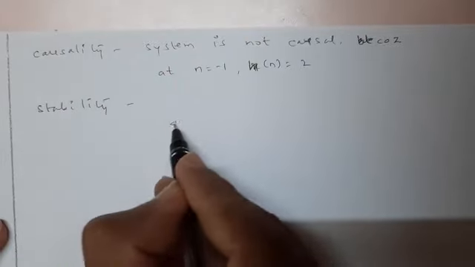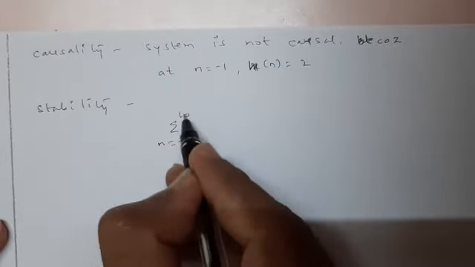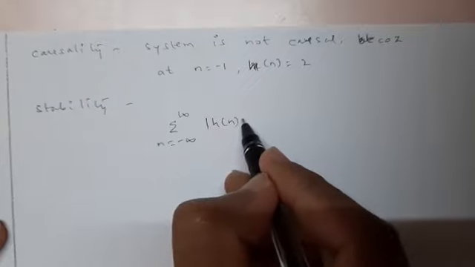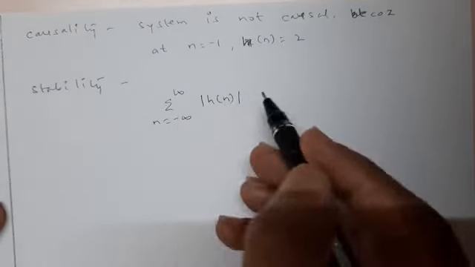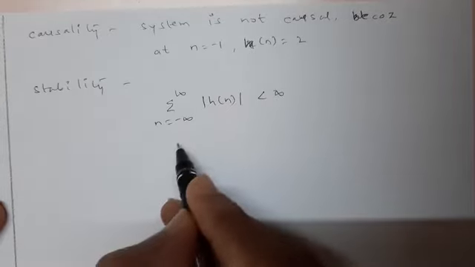What does the stability property state? Summation n equal to minus infinity to plus infinity of the magnitude of h of n, or k equal to minus infinity to plus infinity of magnitude of h of k, should be less than infinity.